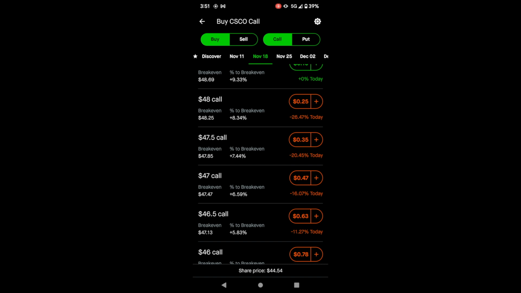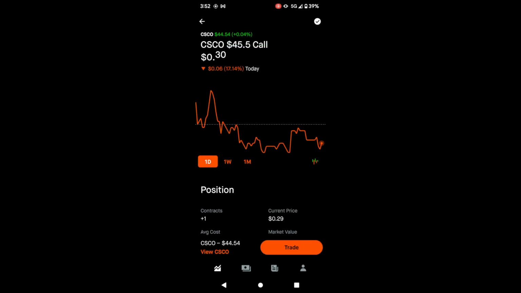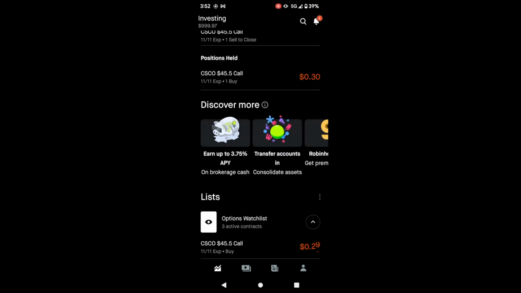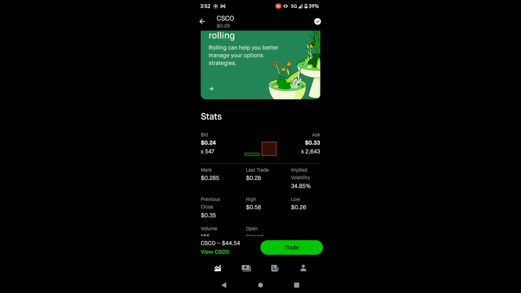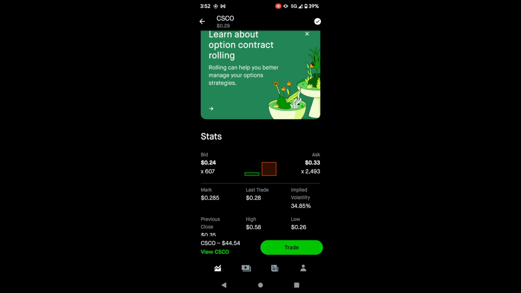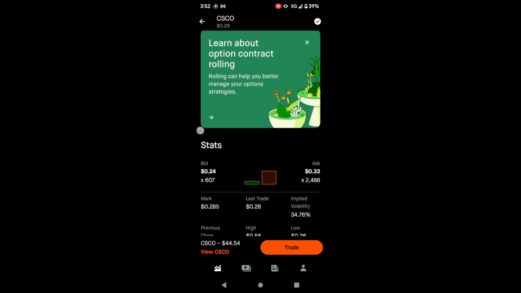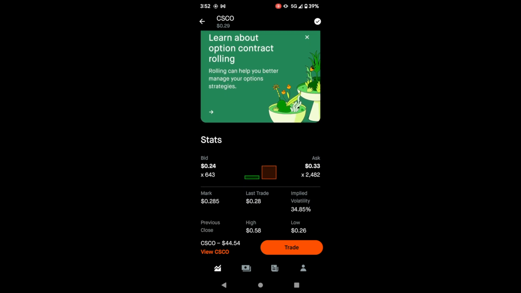So in the description, I actually talk about how bids and asks can be misleading and you could end up overpaying if you're not careful. So right here, you can see that we have bids at 24 cents and we have ask of 33. But we see that there's a mark price of 28.5 with a last trade of 28 cents.